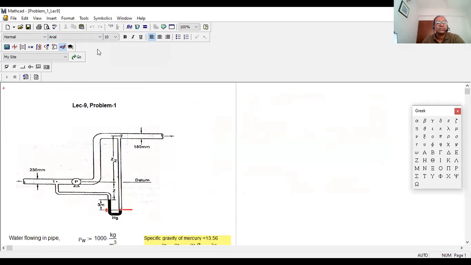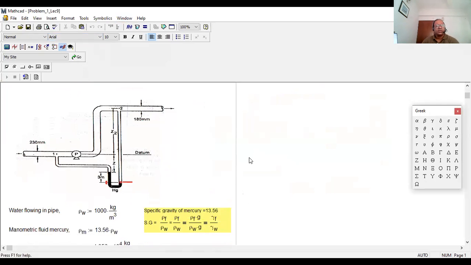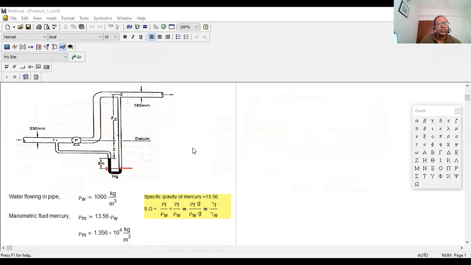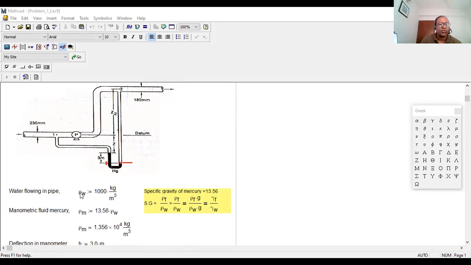First you have to look at which values are given. The water is flowing in the pipe, so rho equals 1000 kg per meter cube. And the manometric fluid is mercury.